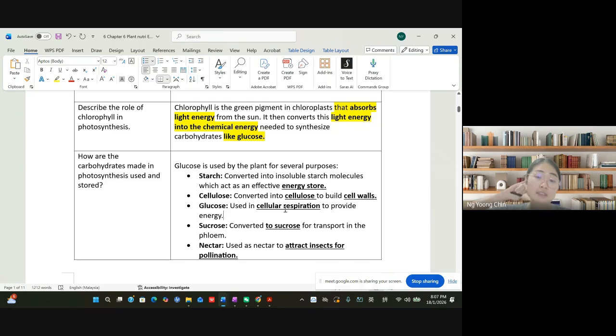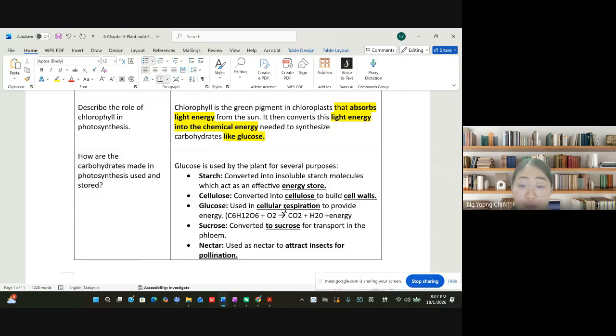Cellular respiration, because they will undergo this one: C6H12O6 plus O2 become what? Carbon dioxide and water. So here's the equation, and then there is the energy. This is the equation for cellular aerobic respiration, and we require glucose as the substrate to start these reactions.